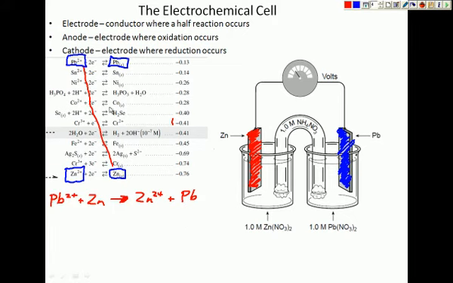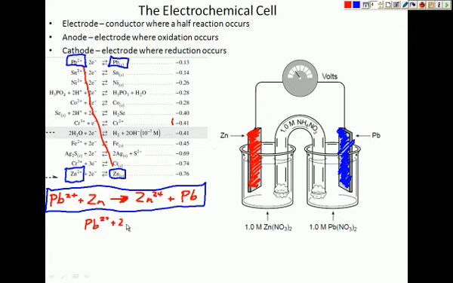So there's two half reactions here. This is the full redox reaction right here. Now there's two half reactions. The first half reaction is this one right here, where you're having Pb2+ plus 2 electrons makes Pb solid, and we see that right here.